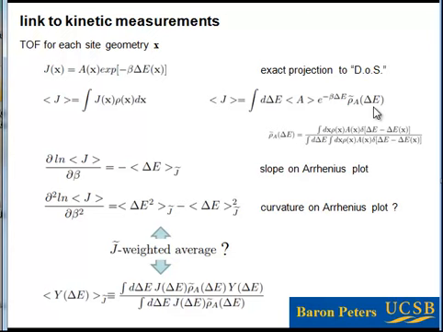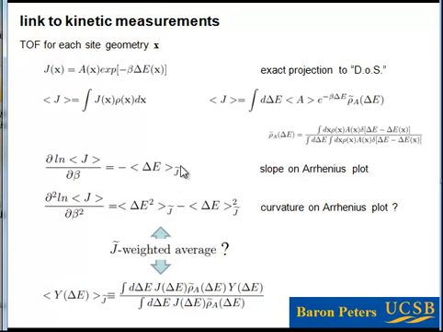Okay, and now, again, appealing to this elementary statistical mechanics analogy, we can take the derivative of the logarithm of the average rate with respect to 1 over kT, right? This is the slope of the Arrhenius plot, effectively. And you see what comes out is not really quite the activation energy itself or the average activation energy. It's this rate-weighted activation energy, okay?